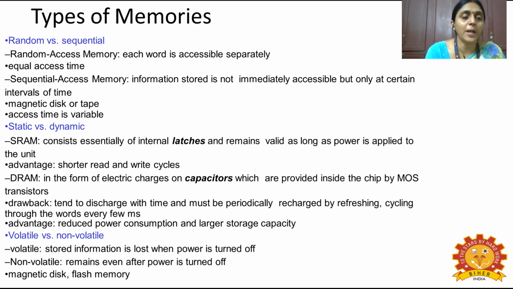Dynamic RAM stores information in the form of electric charges on capacitors, which are provided inside the chip by MOS transistors. The drawback is that the charge tends to discharge with time and must be periodically recharged by refreshing, cycling through the words every few milliseconds.